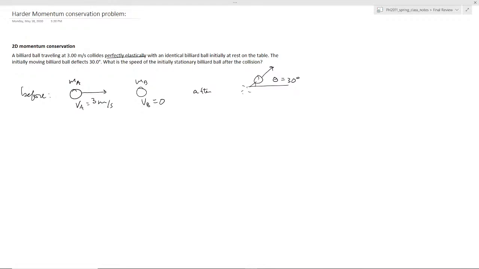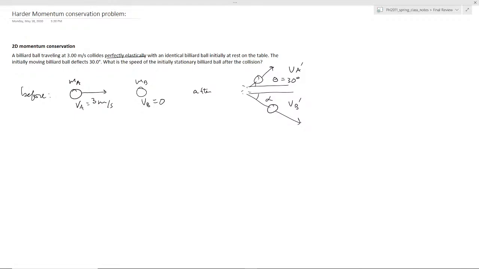And this would be the original ball that was moving. So this is VA prime. And then the other ball is traveling off at some angle. Let's call it alpha. This would be VB prime.